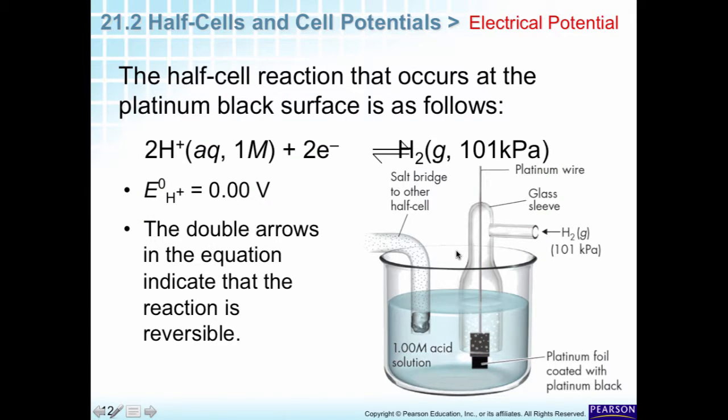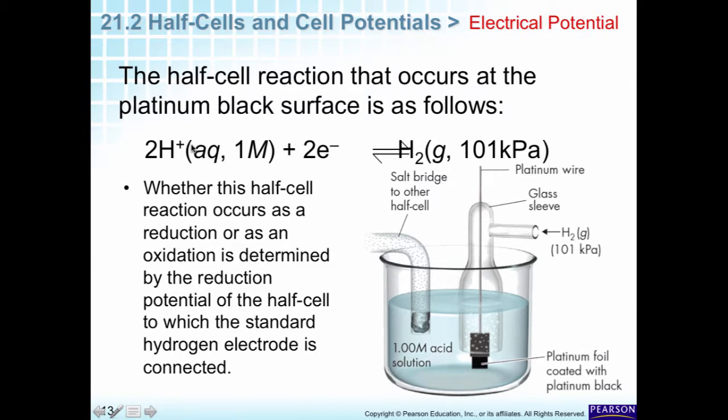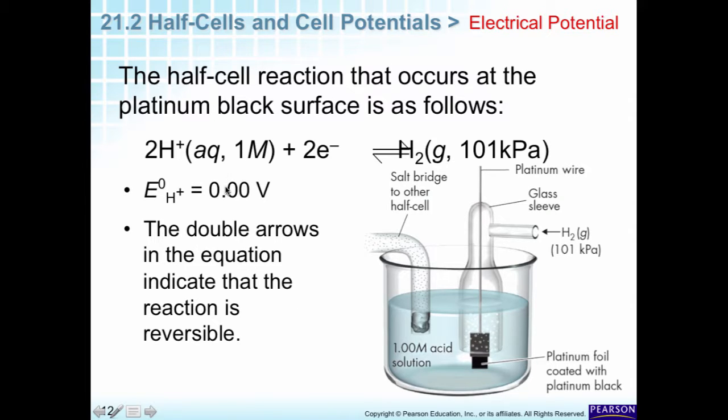So if we write this as a reduction equation, the hydrogen in the solution right here is going to come up and take 2 electrons and then form hydrogen gas, and it will bubble.